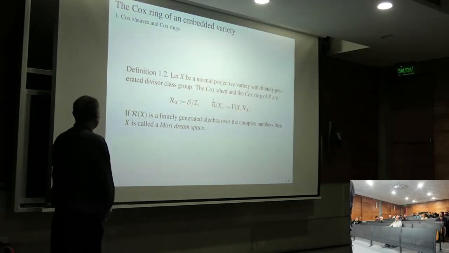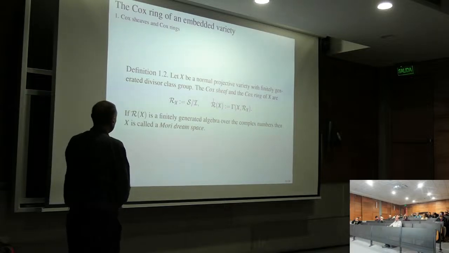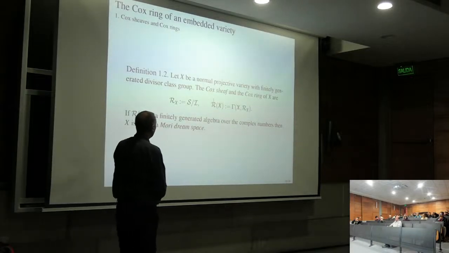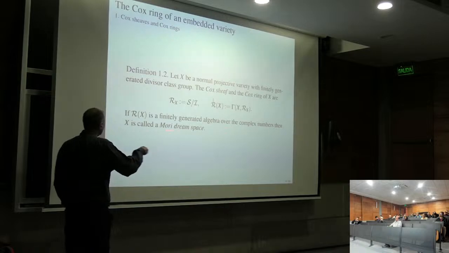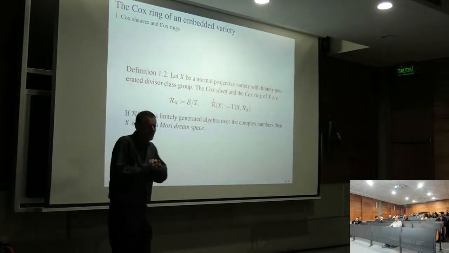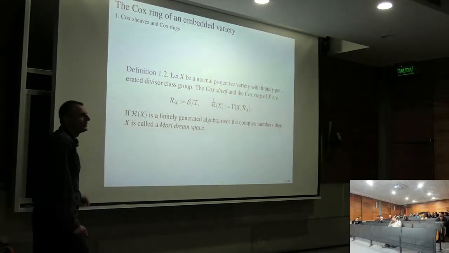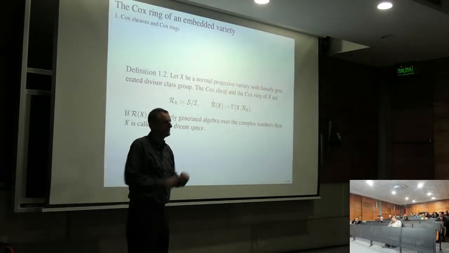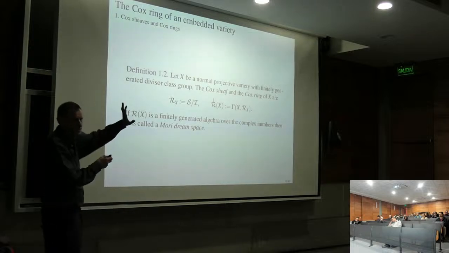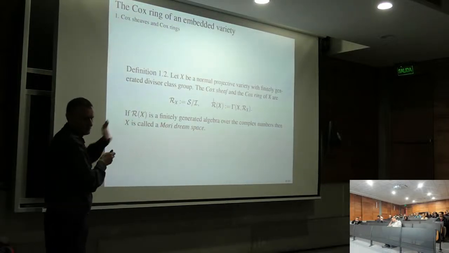The problem that I want to address is the following. When you start studying Mori dream spaces, the easiest ones are toric varieties. These are equivariant compactifications of a maximal torus, where the torus is (C*)^n, with n the dimension of the variety in this case.